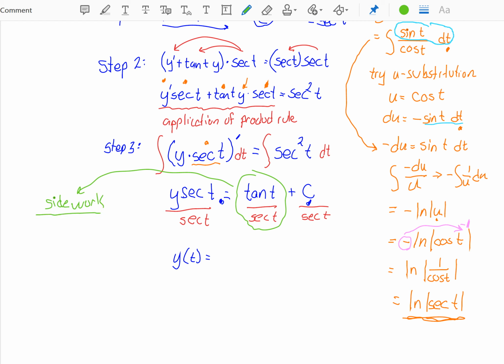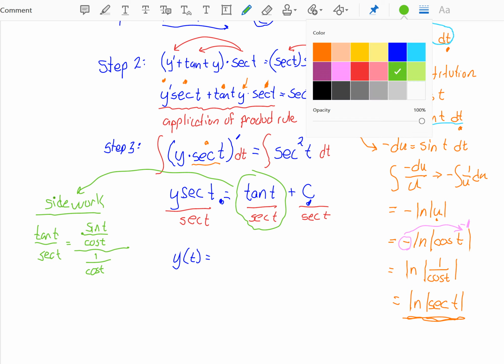So remember, when we write tangent of t over secant of t, this is the same thing as sine of t over cosine of t, all over 1 over cosine of t.